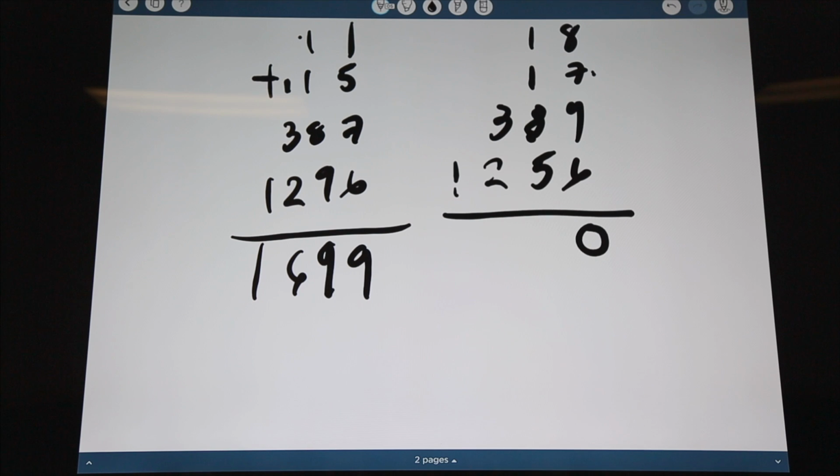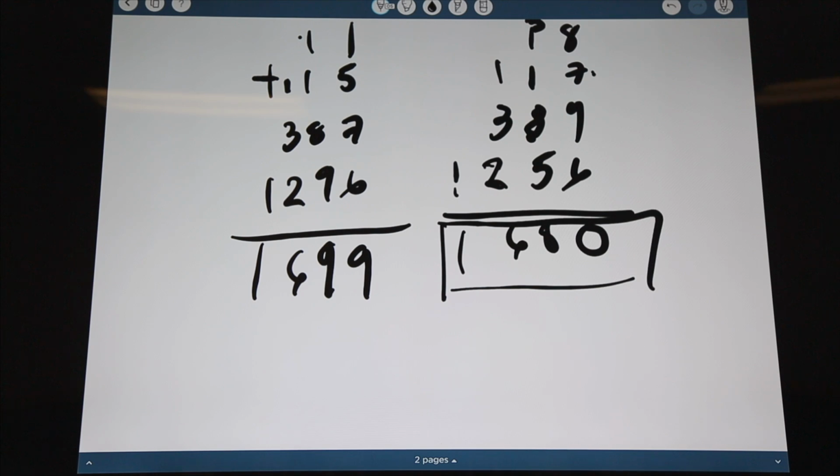So put the 0 here and carry the 3. 3 plus 1, 4. Plus 1, 5. Plus 8, 13. Plus 5, 18. Carry 1. 2 plus 3, 5. Plus 1, 6. And 1 plus 0, 1.